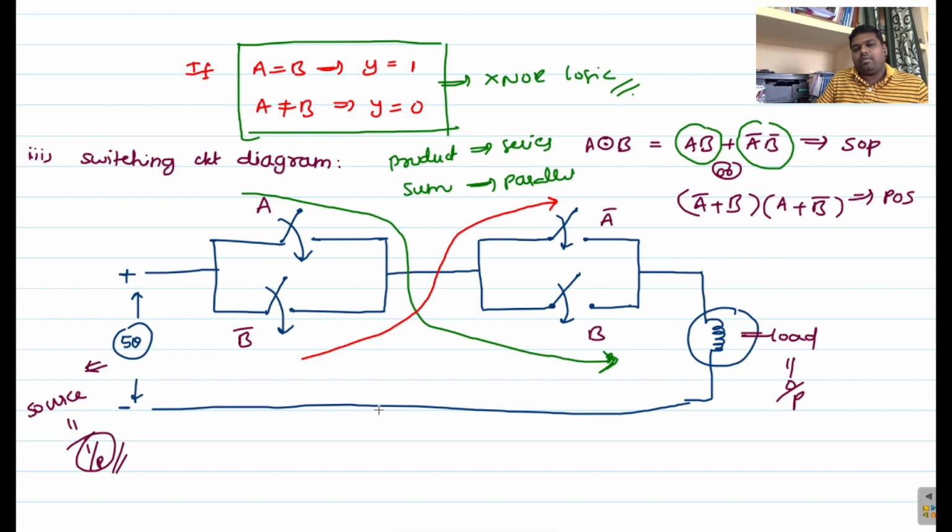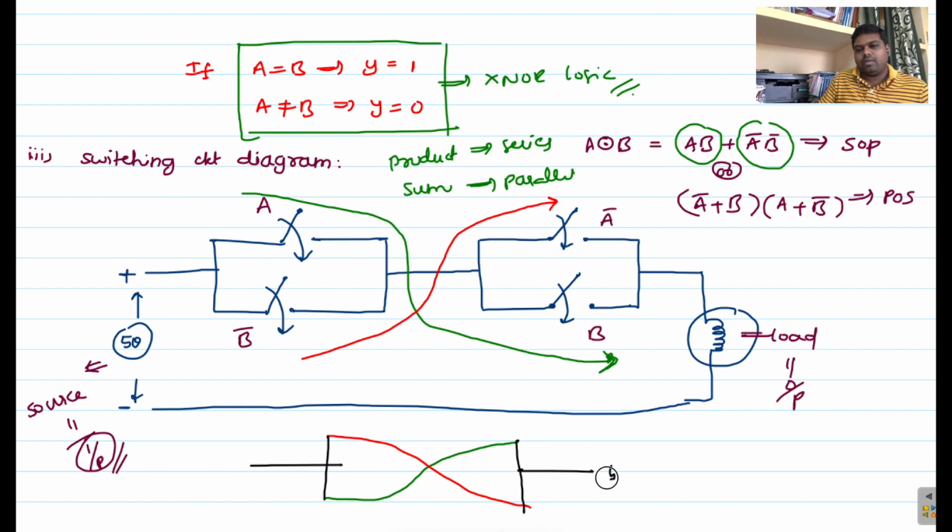For example, this is your series connection, and this is your series connection of the A bar B bar switches, and these two are connected at this common point. This is a common point and this is a common point, and this is connected to the bulb and this is connected to the source.